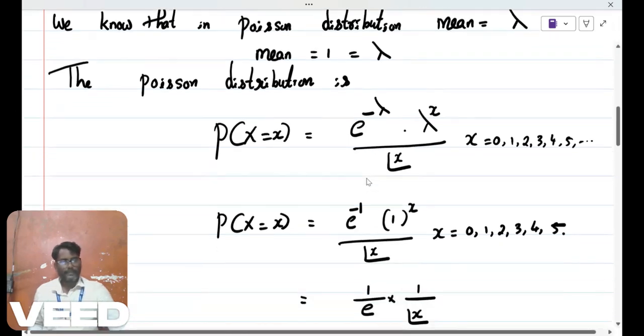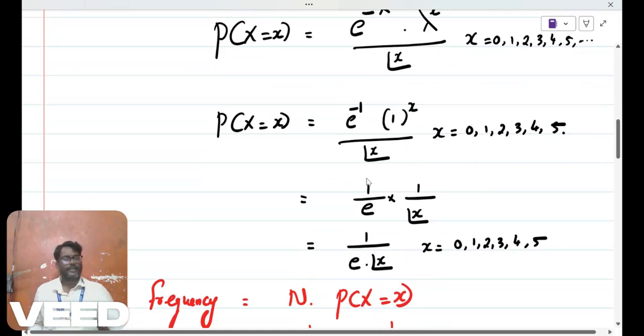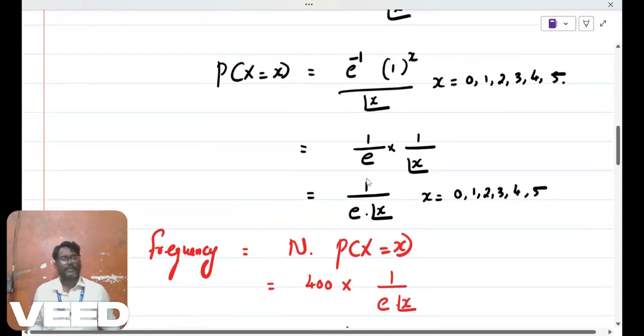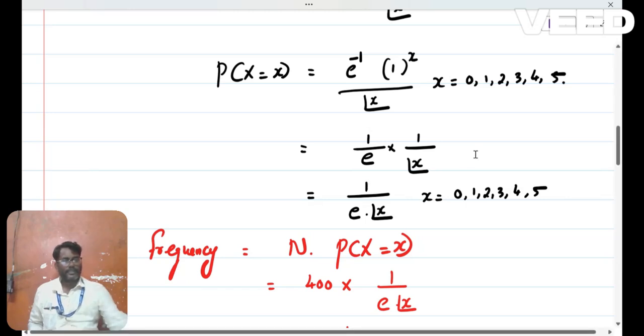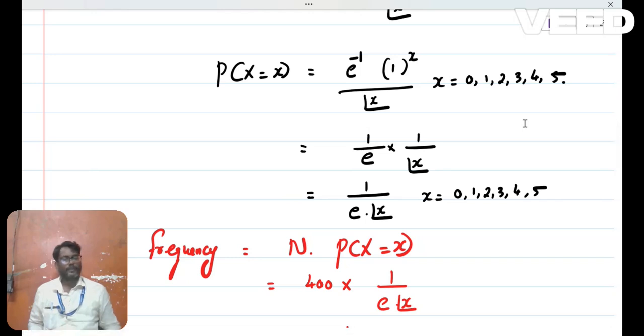For lambda equal to 1, that is for our required data, P of x is equal to e power minus 1, 1 power x by x factorial. We know that 1 power x is 1, so we get e power minus 1 into 1 divided by x factorial, that is 1 divided by e into x factorial, where x takes the values 0, 1, 2, 3, 4, 5.